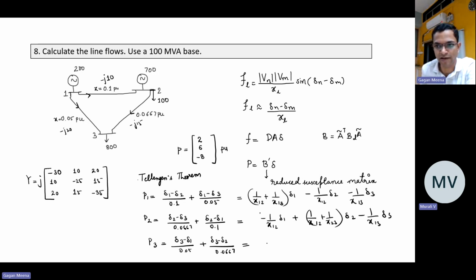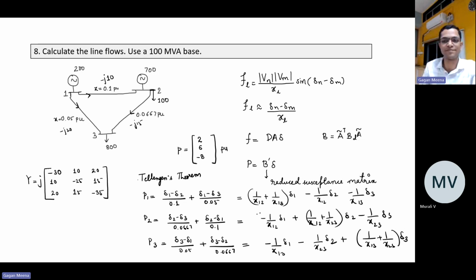And the third row is minus 1 by x13 delta 1, minus 1 by x23 delta 2, plus 1 by x13 plus 1 by x23, delta 3.